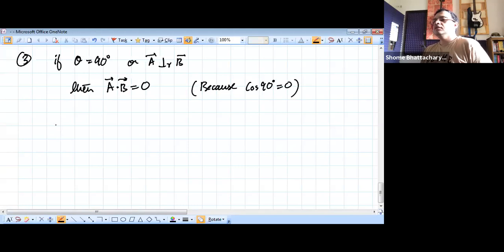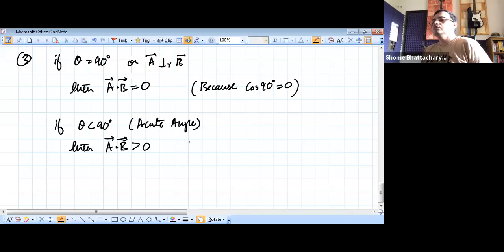On the other hand, see, part of the same thing, if theta is less than 90 degrees, okay, acute angle, then A dot B will be greater than 0, because cos theta is greater than 0 for theta being between 0 and 90 degrees. So acute angle means theta is greater than or equal to 0 but less than 90.